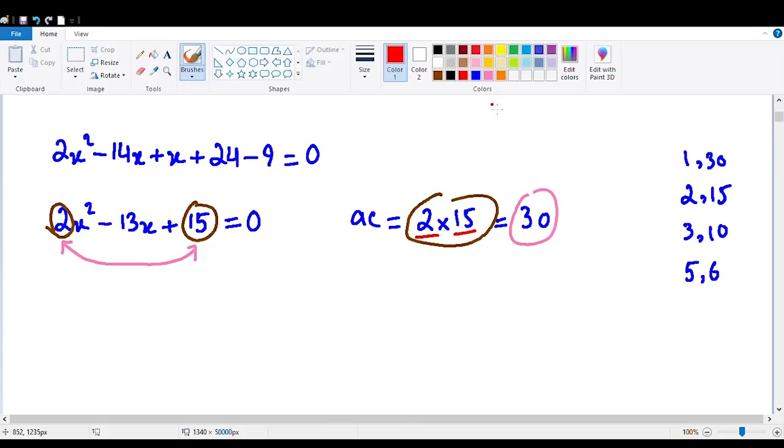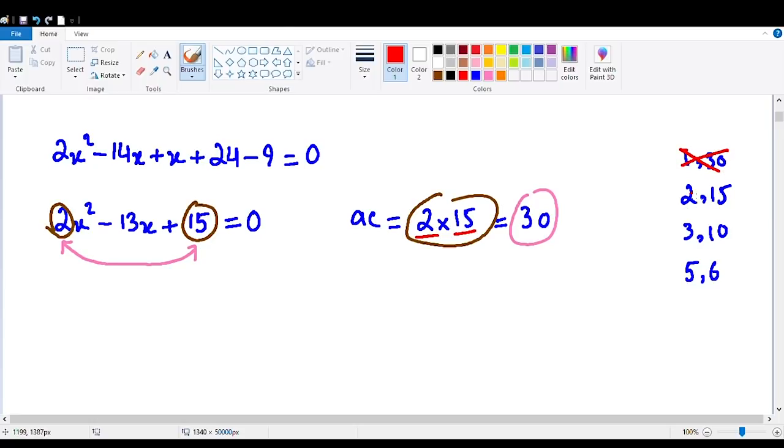So if we take 1 and 30, then if both of them are positive, we'll have plus 1 plus 30, which will be 31. And if we have both of them negative, it will be minus 1 minus 30, which will be minus 31. So this is not an option.